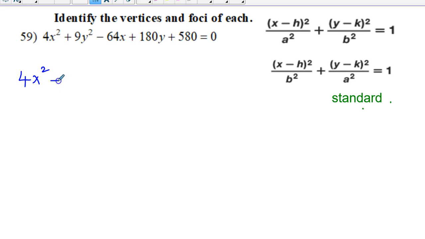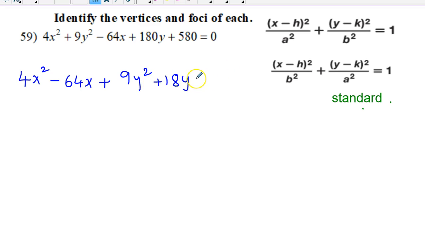Now, I have 4x square minus 64x plus 9y square plus 180y plus 580 is equal to 0. I'm trying to write x's together and y's together so that I'll get into this standard form.